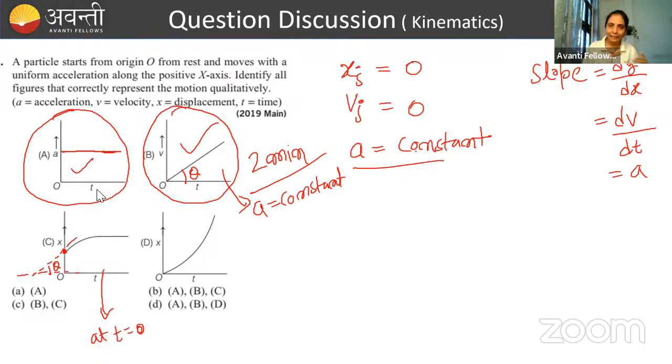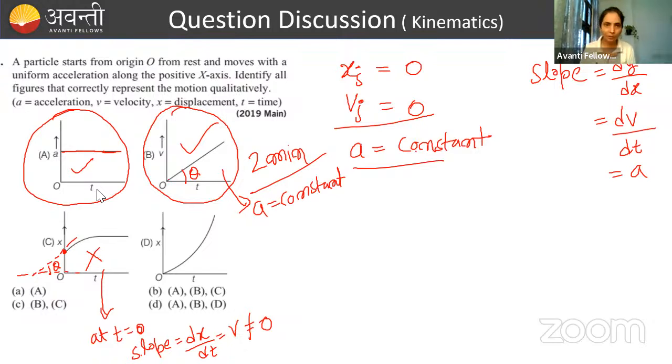It means at t equal to 0, slope is not 0. And slope of the st curve gives us velocity. So if initially slope is not 0, it means velocity is not 0, right? But according to our question, initial velocity is 0. So this graph won't be true for our question. So this is not true.